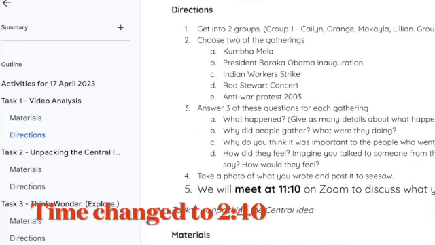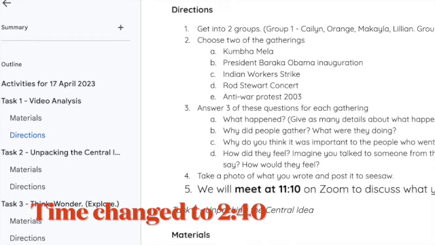So the directions. Number 1, you get into 2 groups. Group number 1 is with Kaylin, Orange, Michaela, and Lillian. Group 2, the boys, Harold, Elliot, and Kyle. Now, out of those 5 gatherings we looked at, you choose 2.